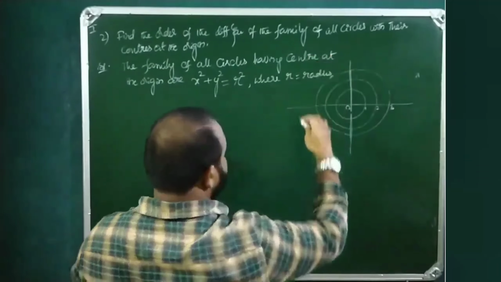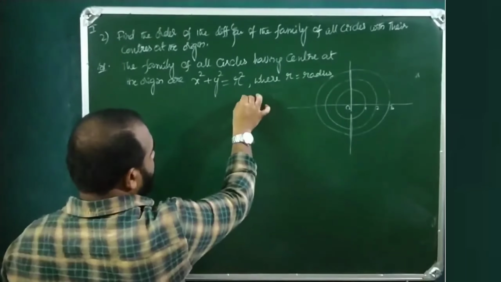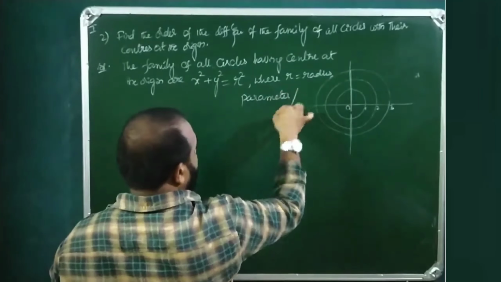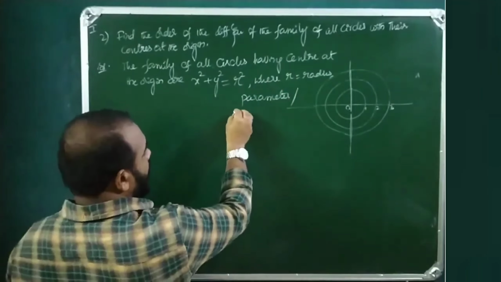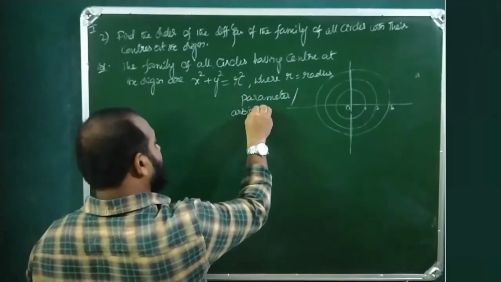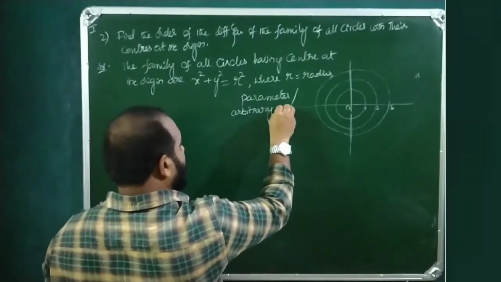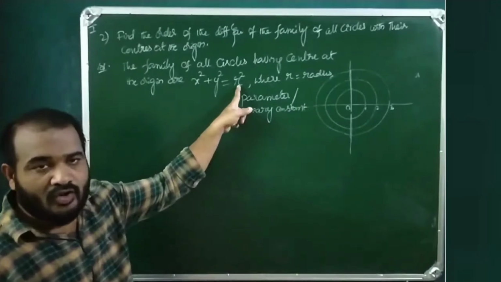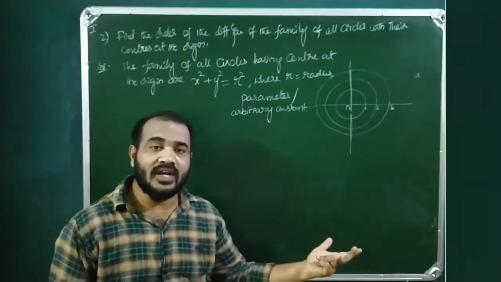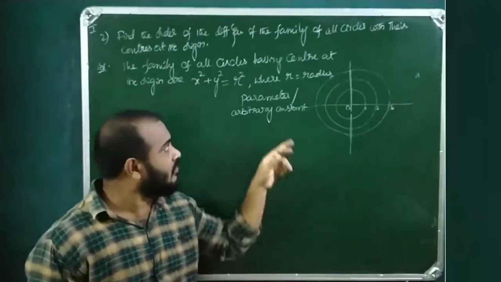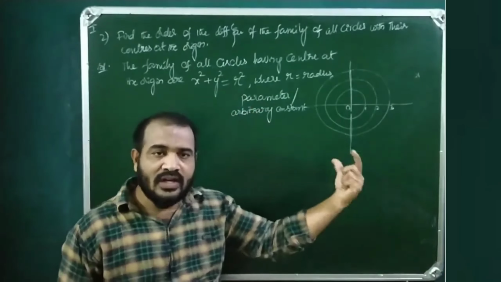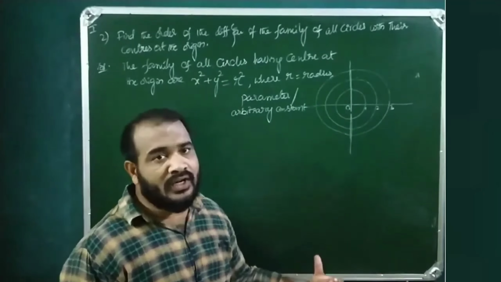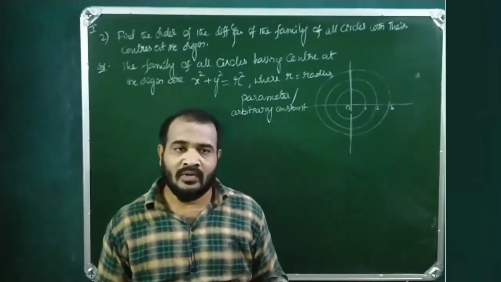That means this is the parameter or arbitrary constant. Since we have only one arbitrary constant, for which we need to differentiate how many times? One time only.